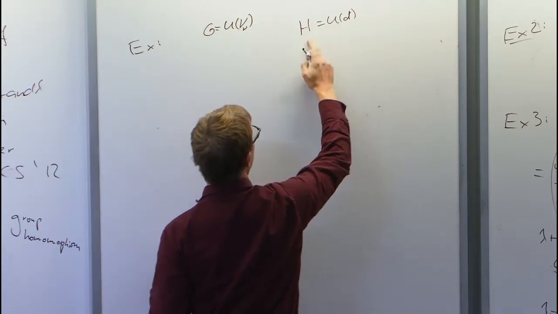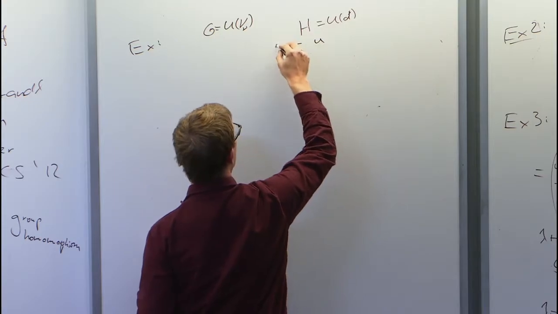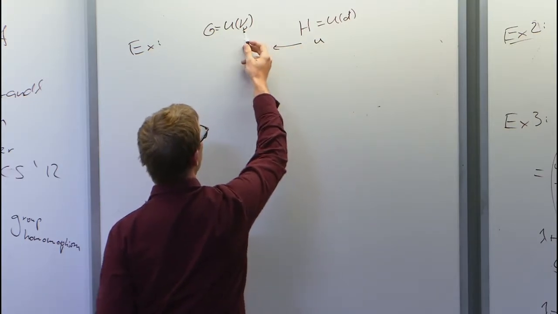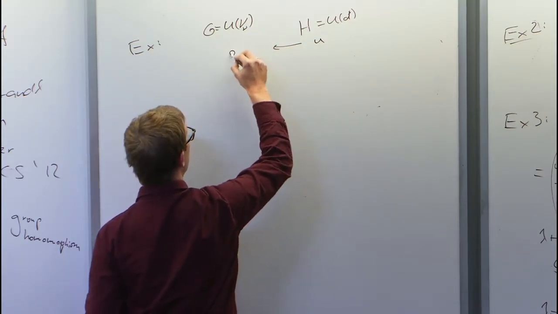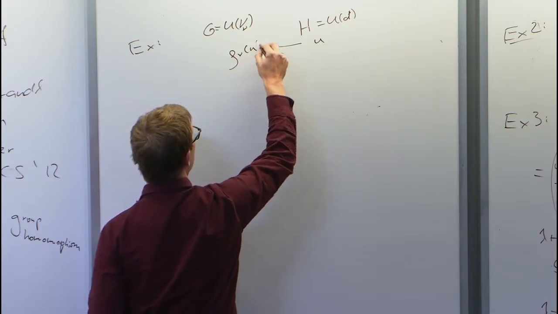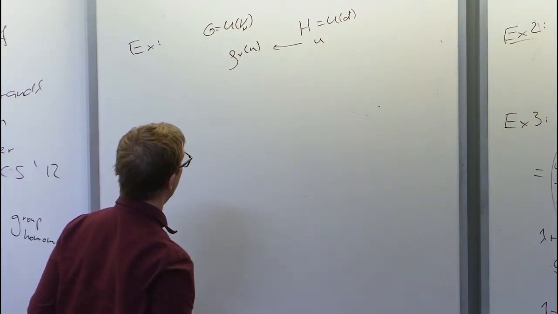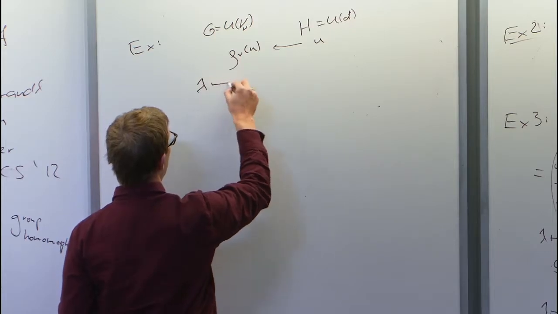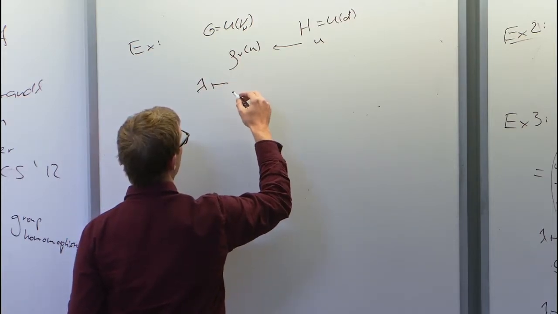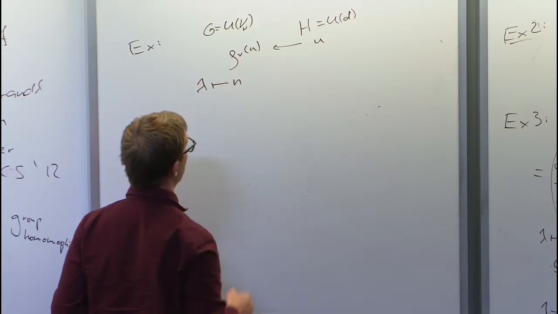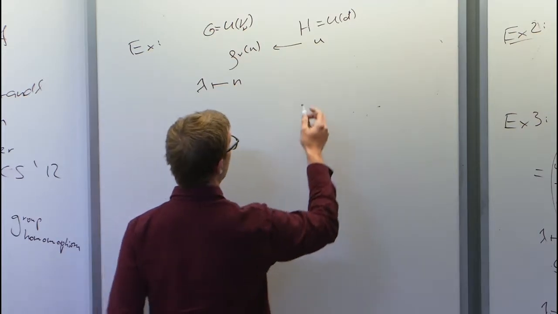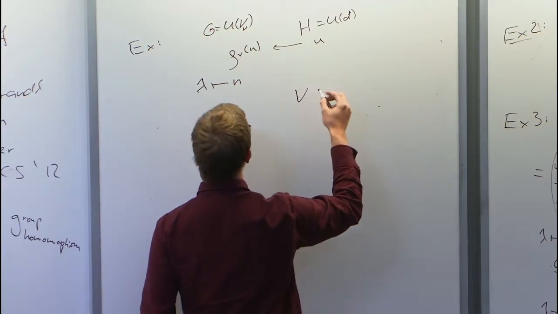Namely, you take a matrix from here and you send it via an irreducible representation with highest weight nu to some matrix on that space, and then you look at a highest weight of say degree n, and then you look for the coefficients that appear.